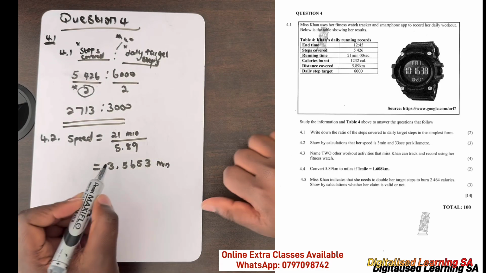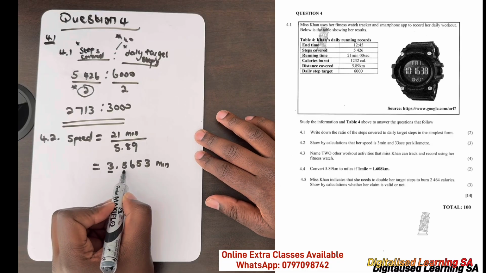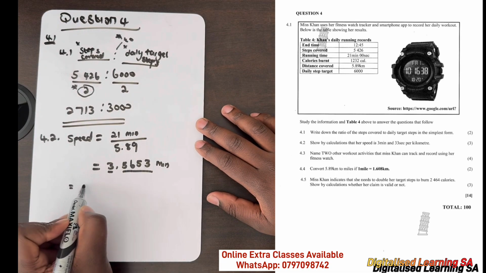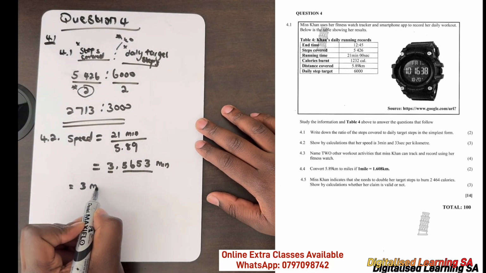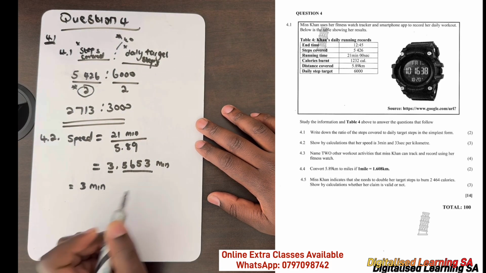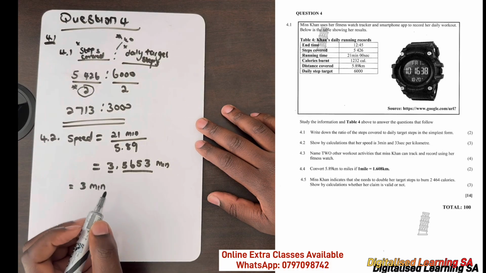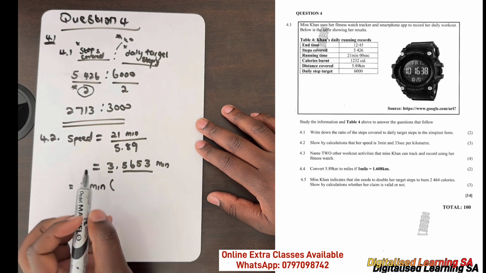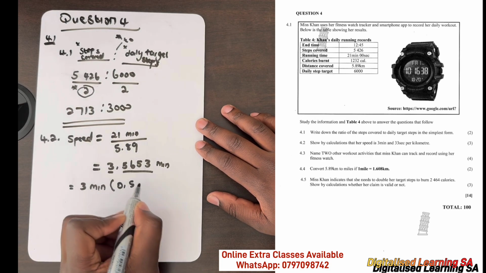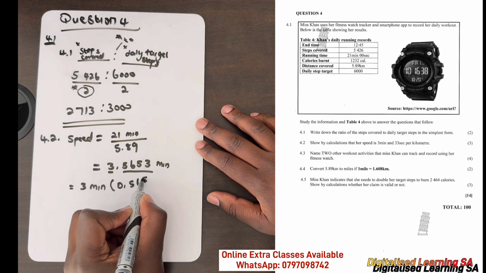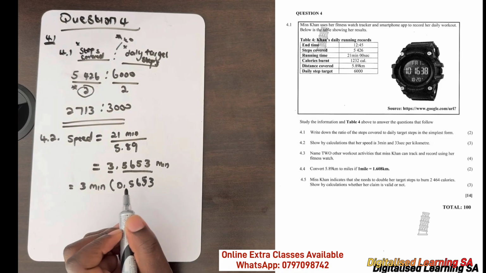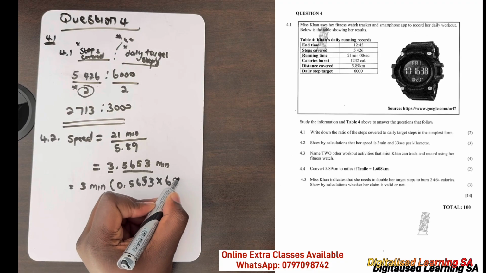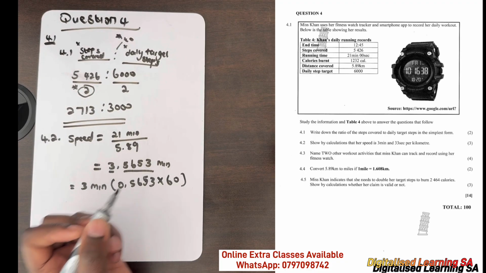The 3 will be our minutes, and the 5653 will be our seconds. So we can see that she ran for 3 minutes, and now we need to calculate our seconds. How do we get our seconds? If we remove the 3 minutes, we have 0.5653, and we know that in a minute we have 60 seconds, meaning that if we multiply by 60, we will get the number of seconds.